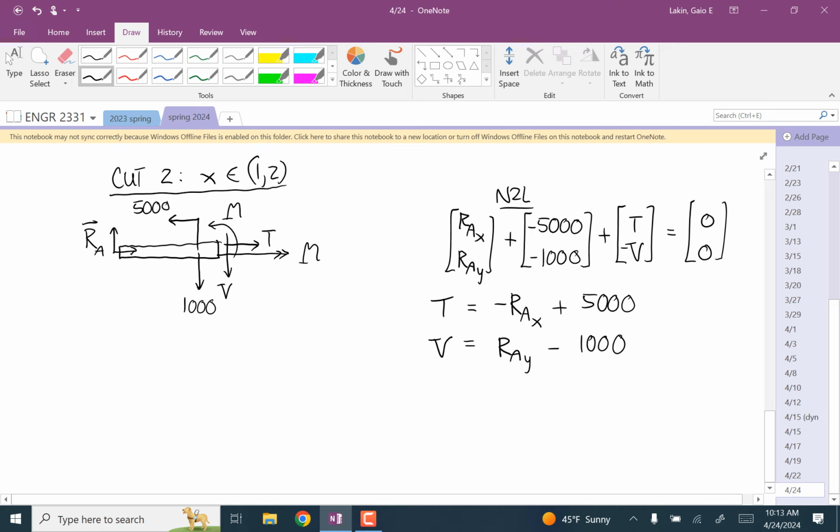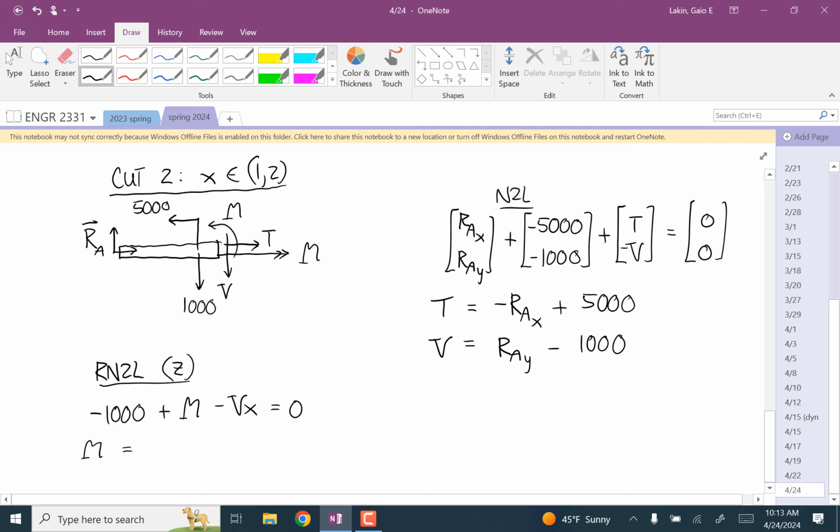And then the moment equation, we have a moment arm of 1 for this clockwise moment produced by the 1,000. So that's negative 1,000 plus m minus Vx is equal to 0.